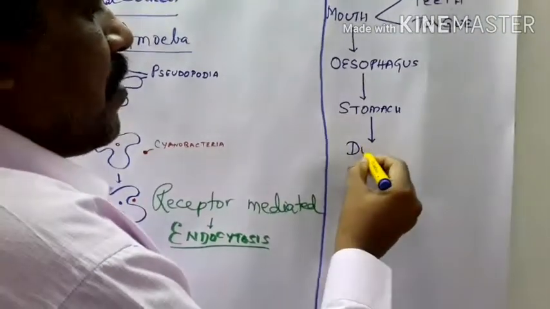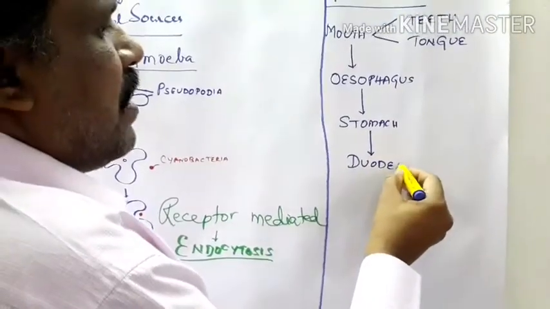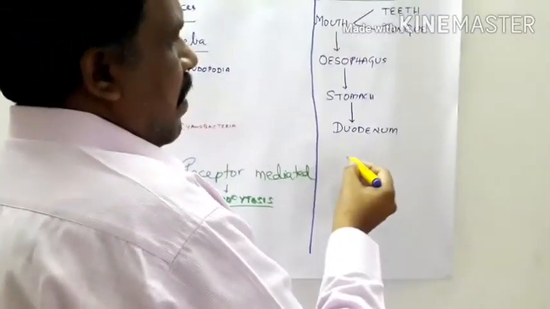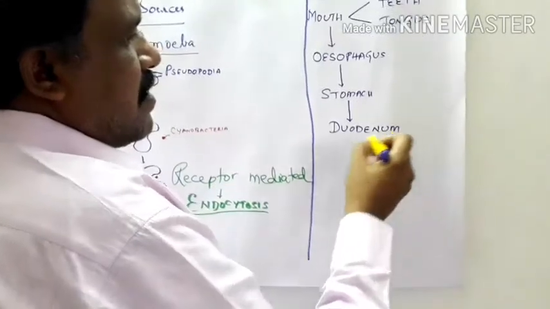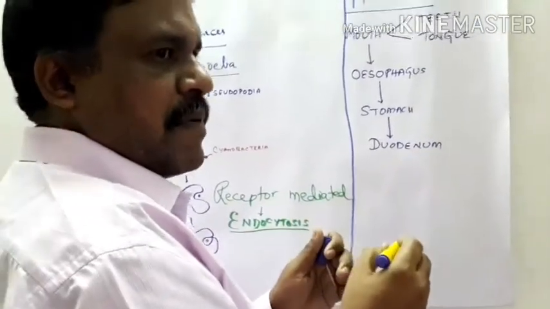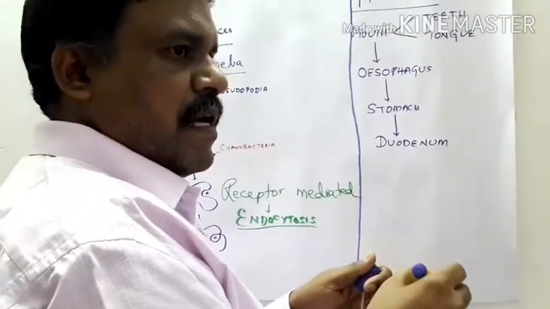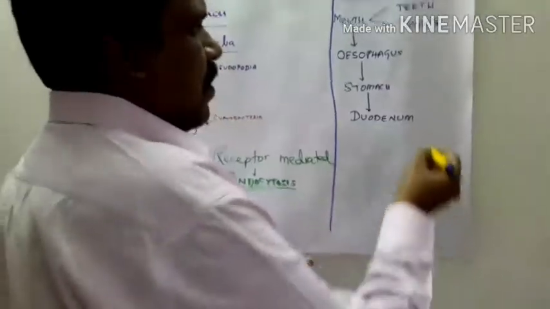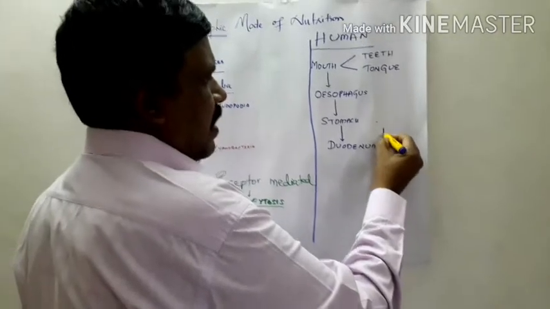The first part of the small intestine is called the duodenum. In the duodenum, there is the opening from the stomach. Two ducts will also enter into the duodenum. One is from the pancreas.